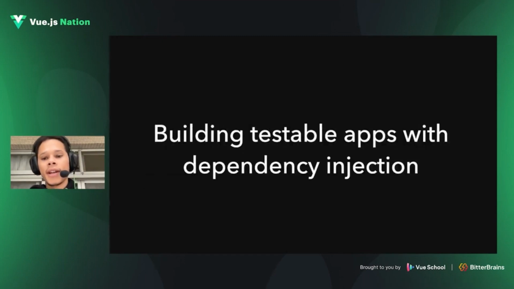All right, today I want to talk about how to build testable apps with dependency injection. So here's a little bit of story beforehand. This happened to me because I had a legacy app running over Firebase, and I wanted to try and migrate to Supabase.